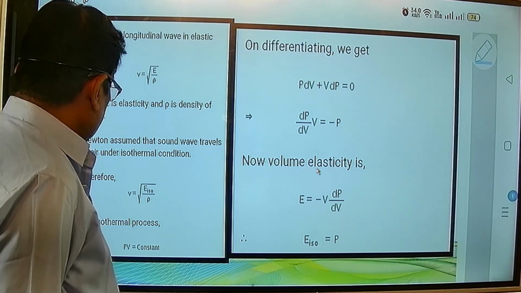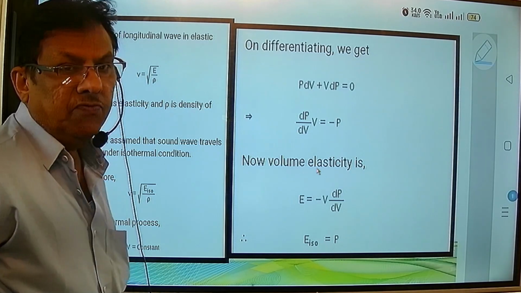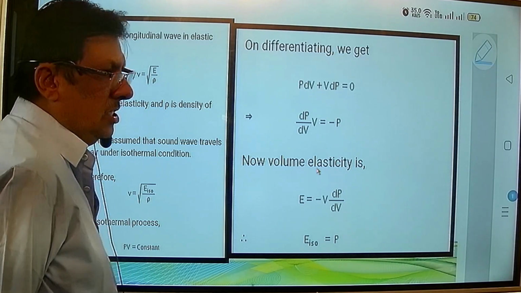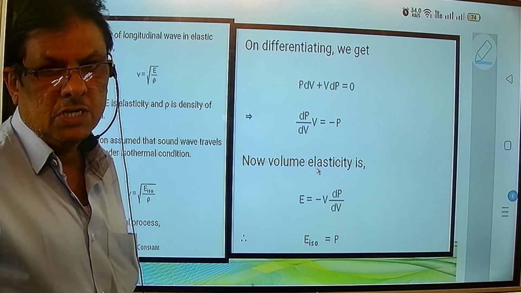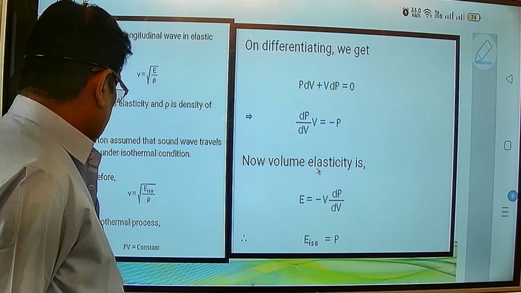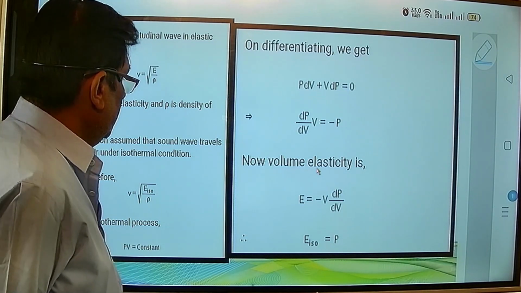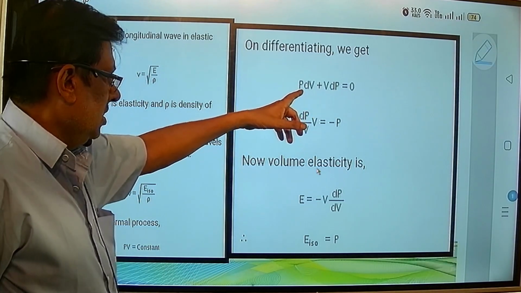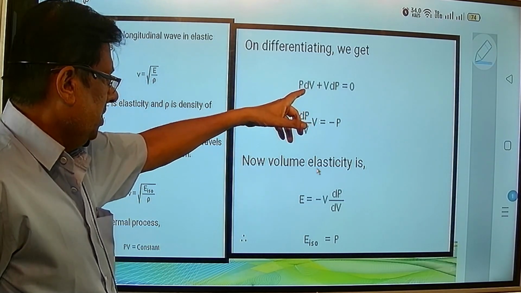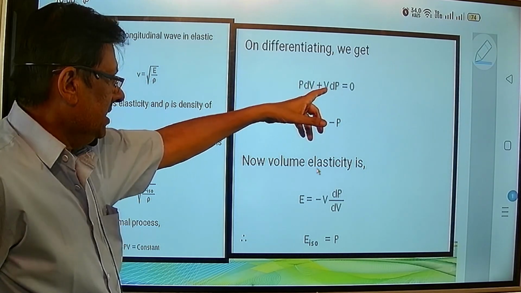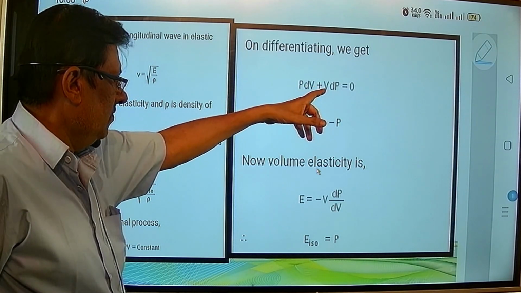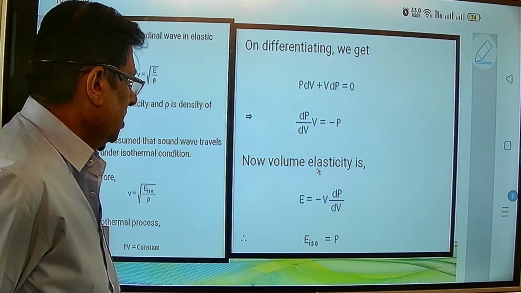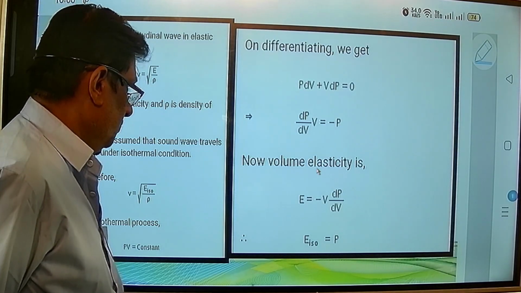Now if we focus on the isothermal process, we come to know that PV is constant, pressure into volume is constant. If we differentiate this equation PV is equal to constant, one time P is constant and V is variable, so we get P dV, and in the next term when we consider V as constant and P as variable, we get the equation P dV plus V dP is equal to 0.